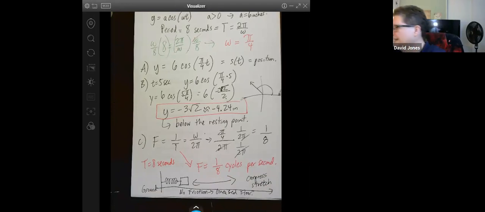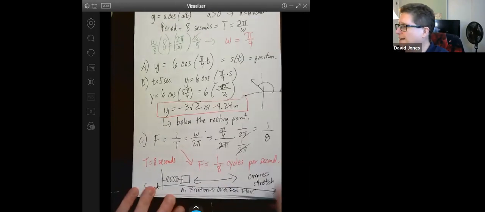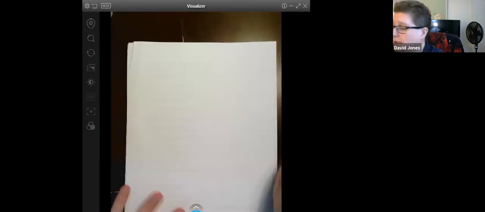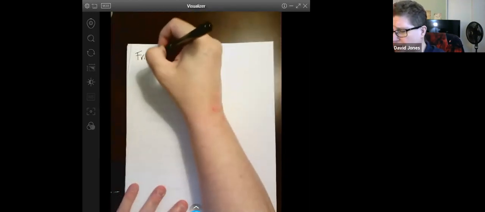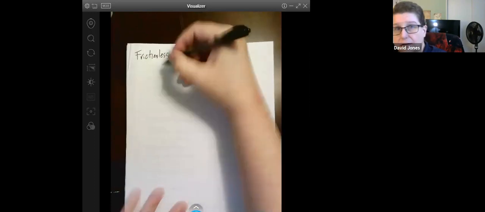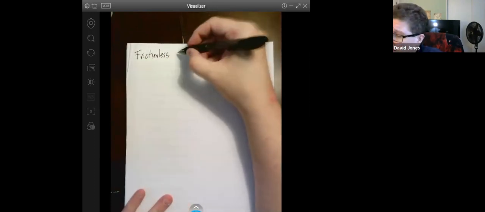And finally, the last thing in 6.7 is simple harmonic motion is unrealistic. Even air slows things down. So frictionless is unrealistic, but it's a good way to see what simple behavior happens.